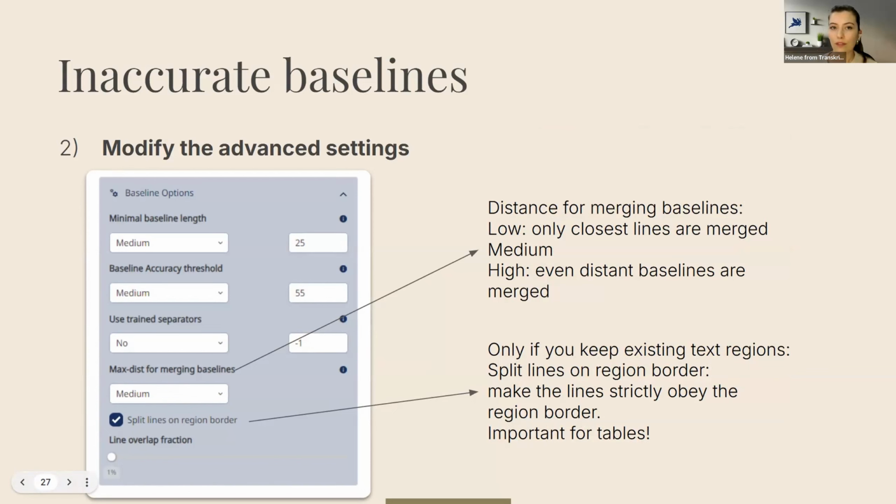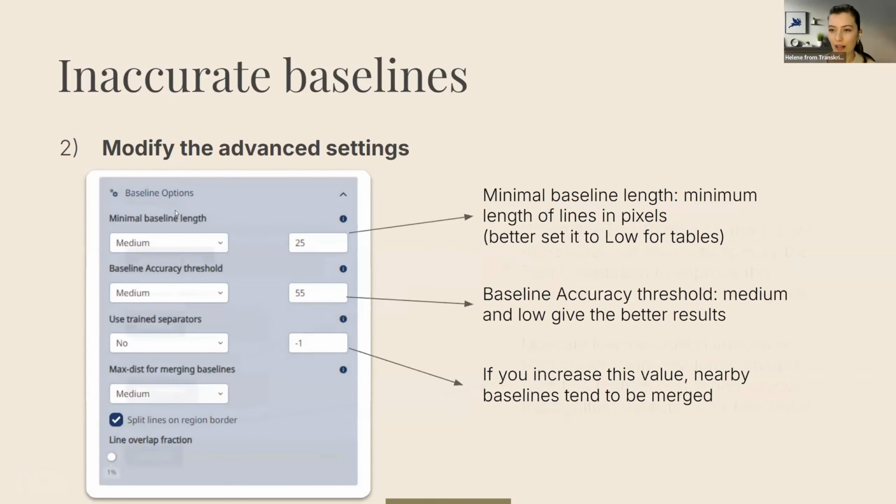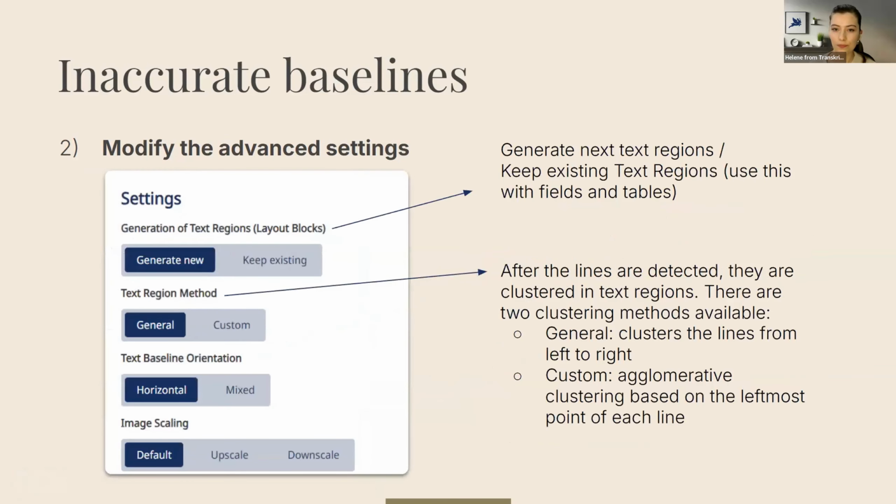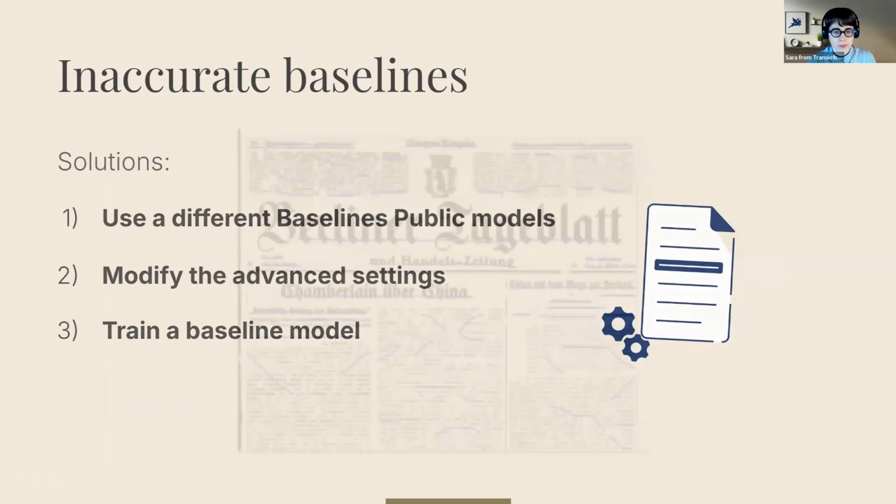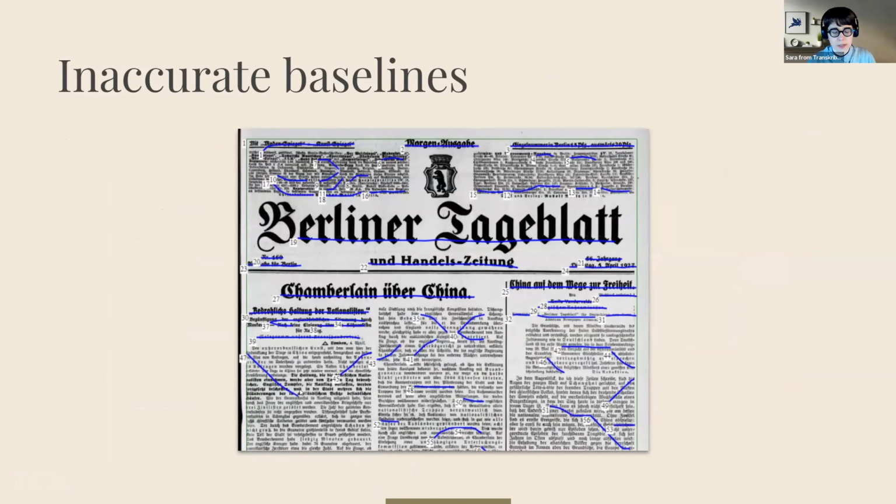The reference was, for example, the image of the newspaper that we had. Would that help, or would you recommend working with the advanced settings in that case? In this case, I think using the advanced settings and upscaling would help more.